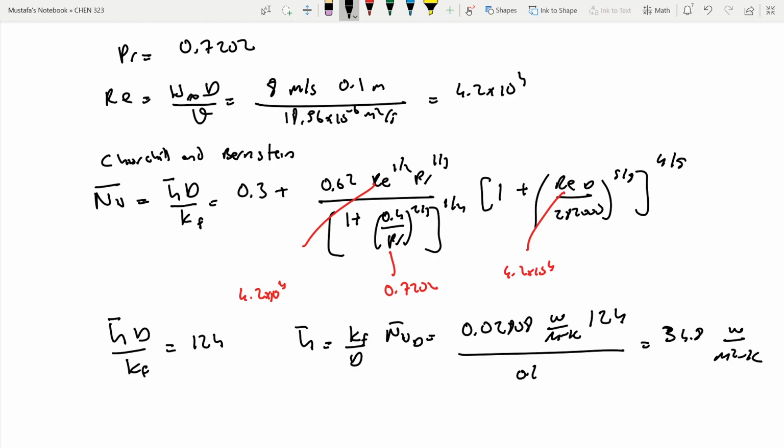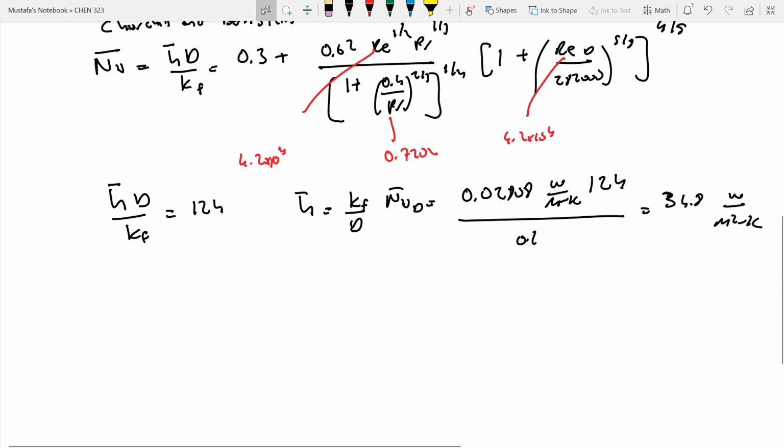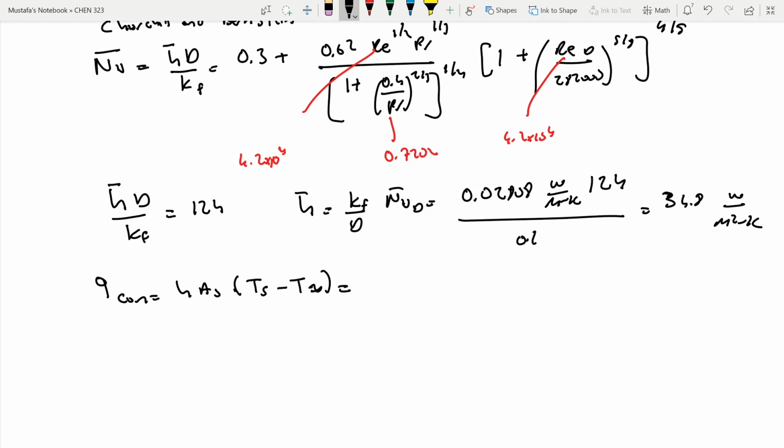And if you are interested in calculating the convective rate of heat transfer, Q convection, which is H average, A surface, Ts minus T infinity, where A surface is pi D L for a cylinder.